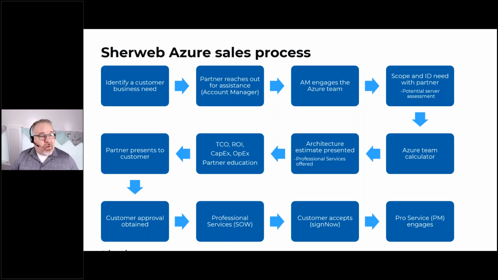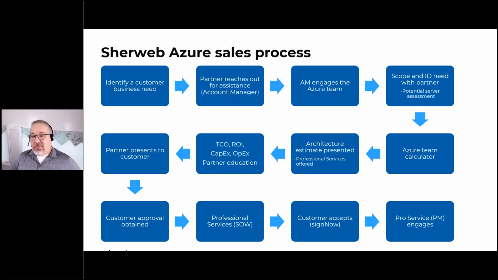So if we go through the Sherweb Azure sales process, I'm not sure if you've been through it before, if you're selling Azure or not, but basically we will help you all the way through this process at every step of the way. You identify your customer's need, you reach out to your account manager. All things at Sherweb work through your account manager. That's the best way to get them going.